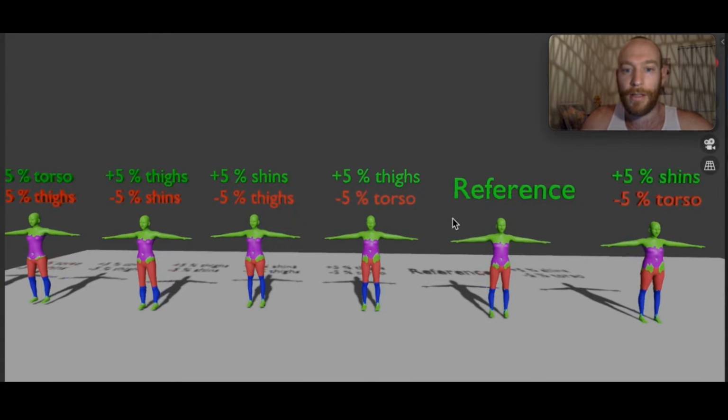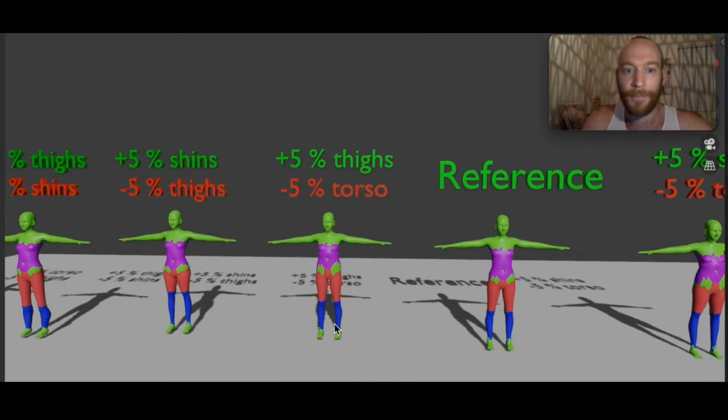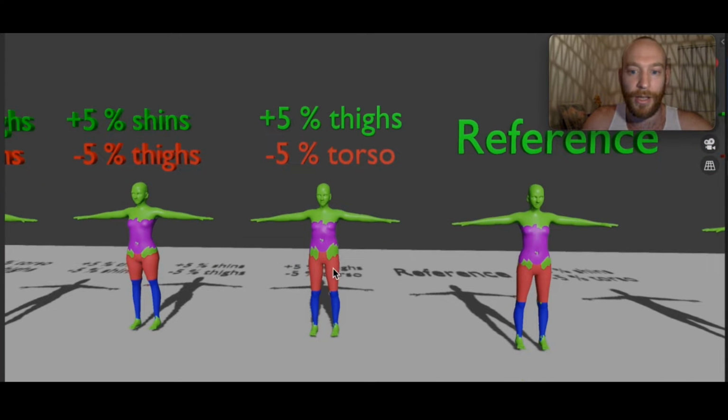So if we look at this model right next to the reference on the left here, you can see it says plus 5% thighs, minus 5% torso. So the thigh section is longer, the hips go higher, and the torso section, which is purple, is shorter.